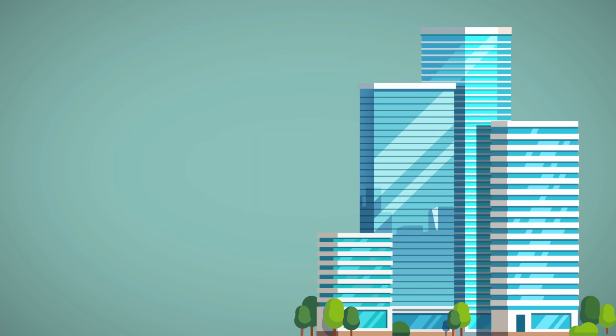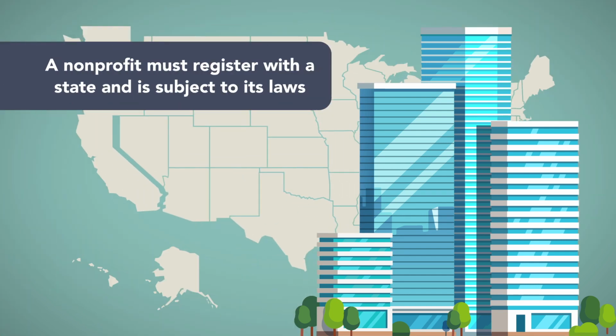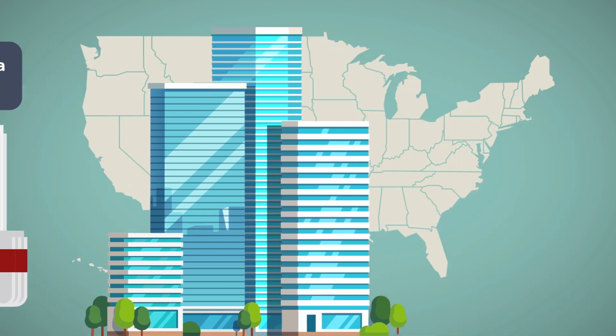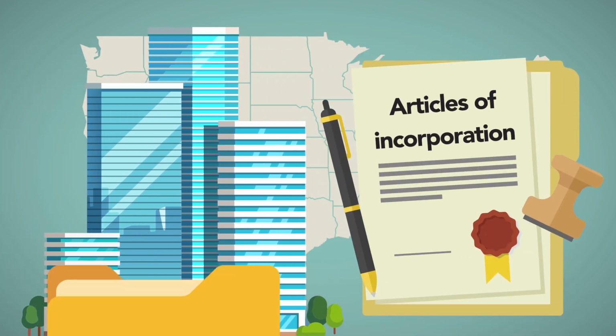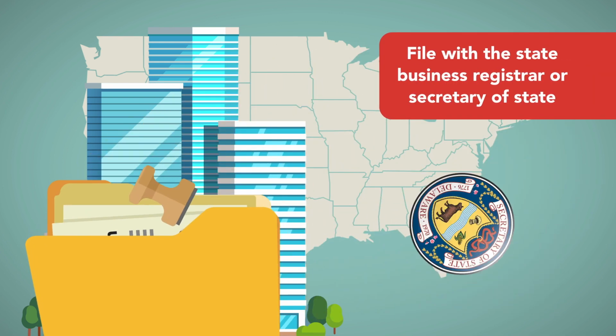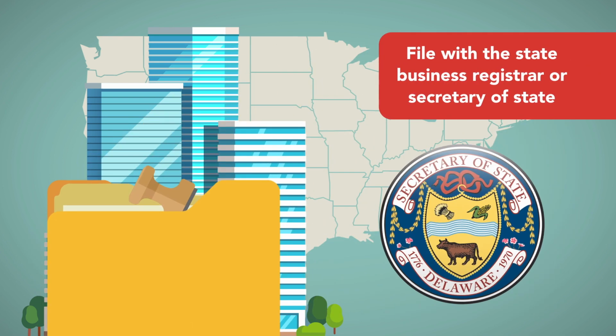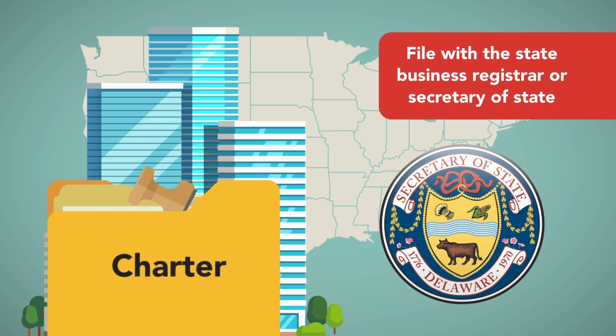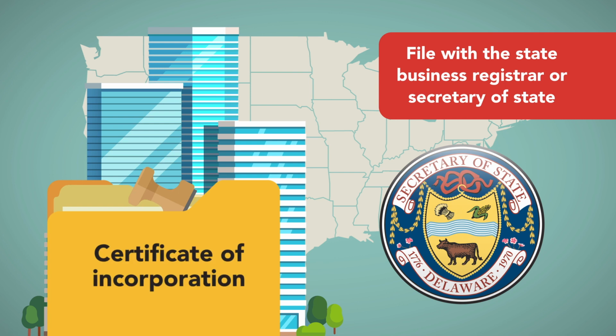Once a business form has been chosen, to properly incorporate, a nonprofit must register with the state and is subject to its laws. The organizers must draft articles of incorporation and file them with the state business registrar or Secretary of State. The articles of incorporation are also sometimes referred to as a charter or certificate of incorporation.